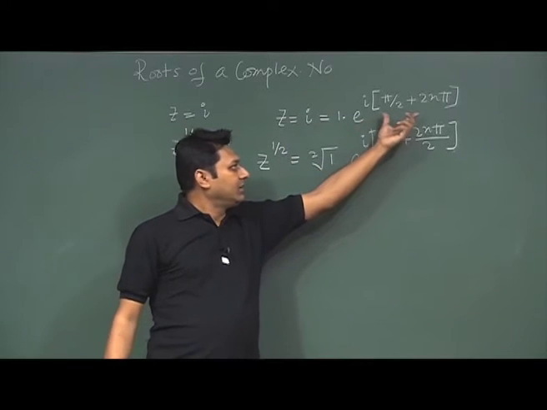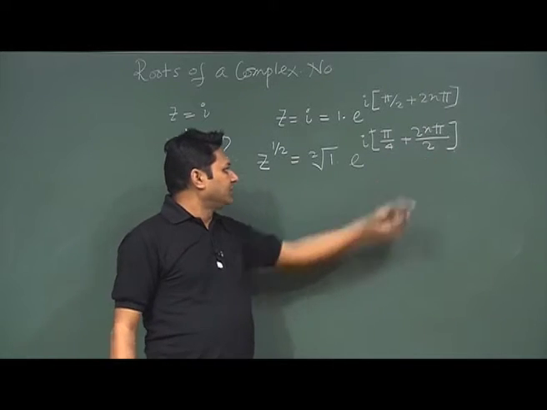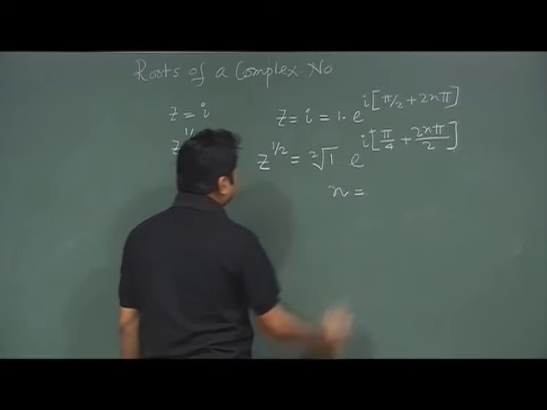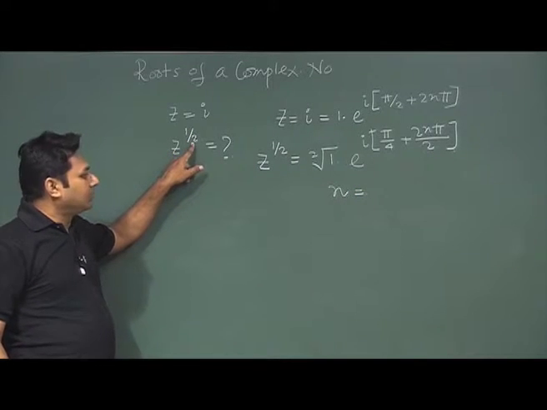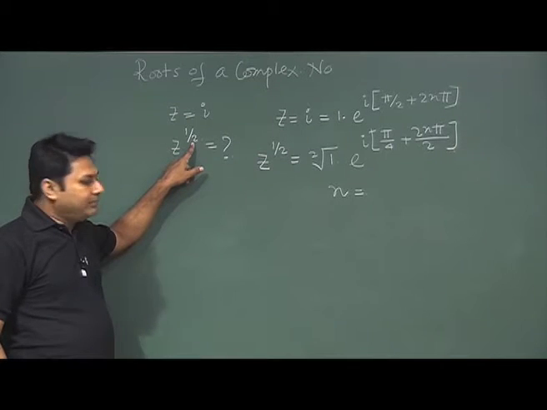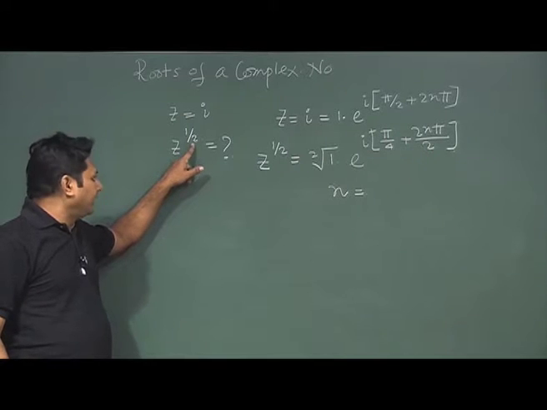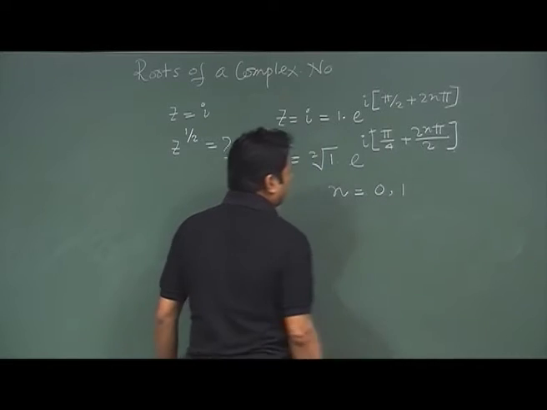So, the entire value here I should have put to the power half. Now, what is my restriction? I say if m is given here, m is 2, the n values will be 0, 1, 2, up to m minus 1. So, here m is 2, so I will have only 2 values, n is 0 and 1.